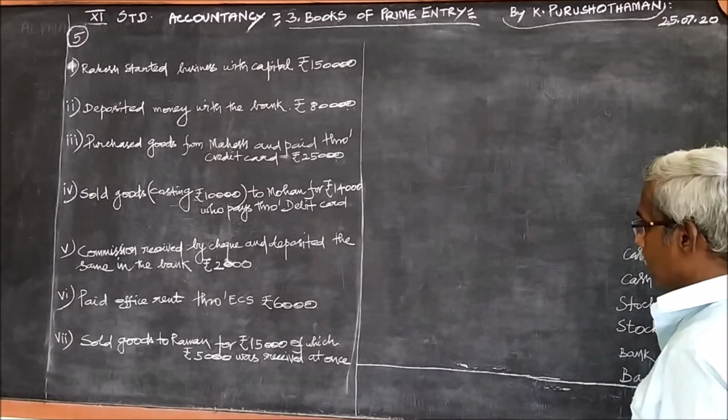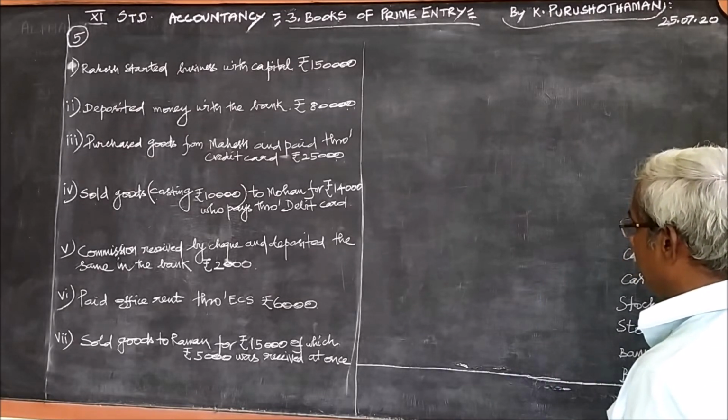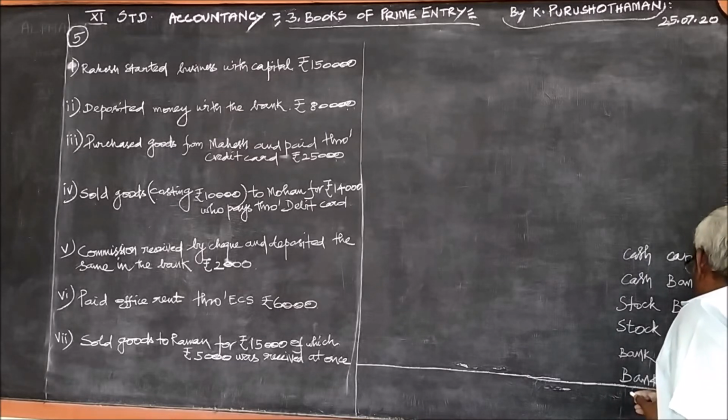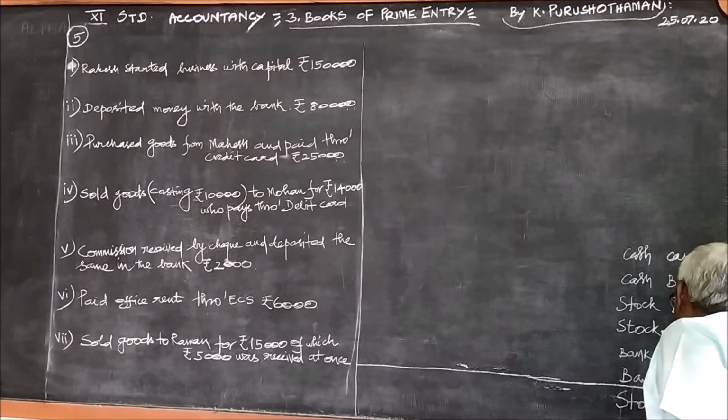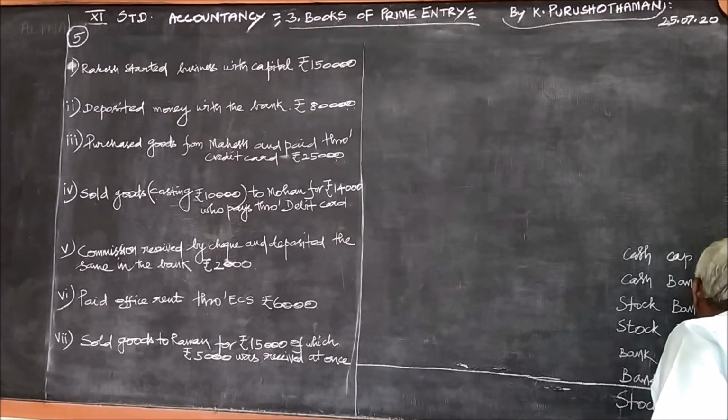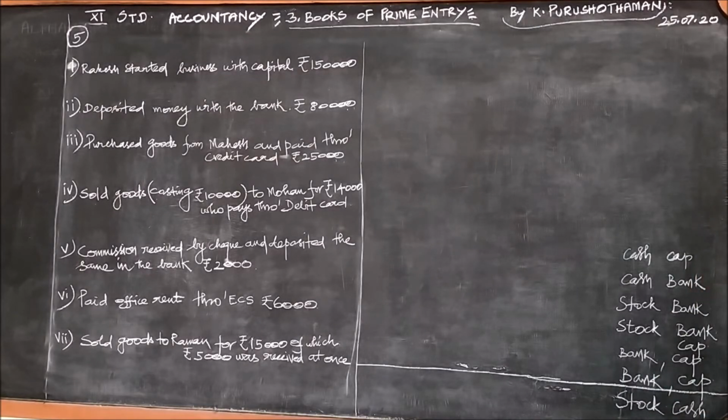Then the last one, sold goods to Raman for 15,000, of which 5,000 was received at once. 15,000 valued goods are sold to Raman. Therefore, the goods will go out, that is minus stock. And for which 5,000 is received, 5,000 cash is received. What about the remaining 10,000?